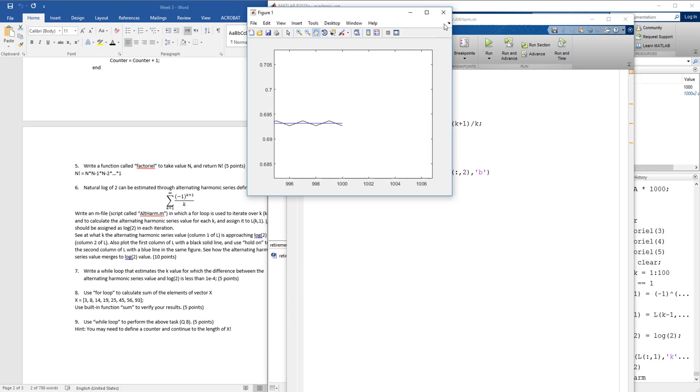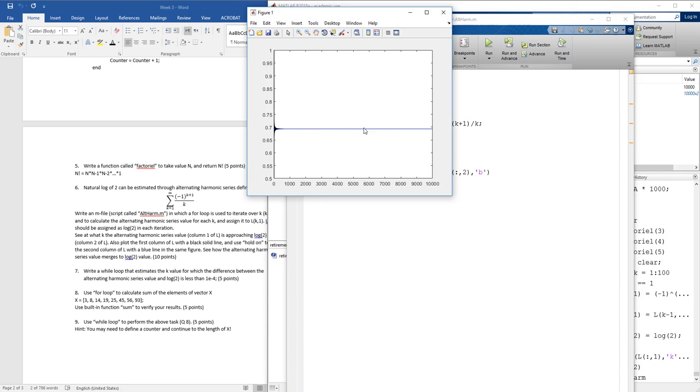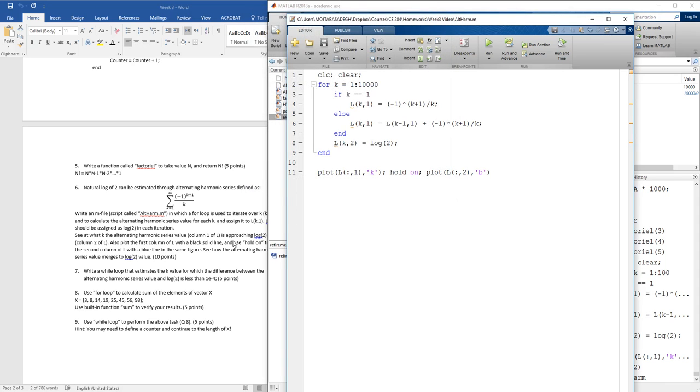It's acceptable. If you want to even further increase that, you add another 0 and run, and then you will see that they will be the same after a while. They're like the same. See, the difference is really small. Alright, so that's question 6.